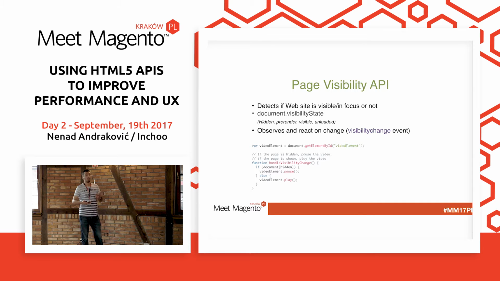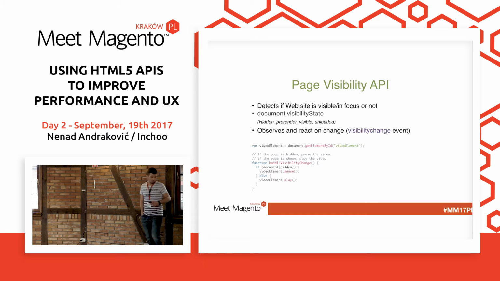What can you do? Stop the carousel. This API also observes and reacts to change. When he is back in focus, you can continue. You can show the second slide. Small thing, but important. This is an example.